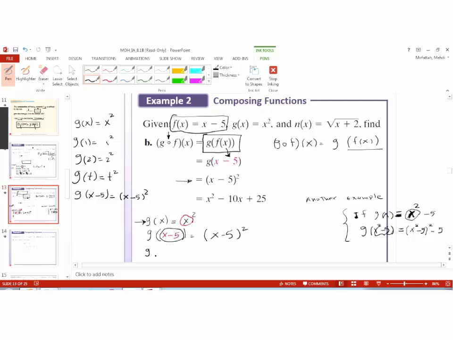If I want to know what g of a little symbol here is, you just put that symbol there. That's all you do.